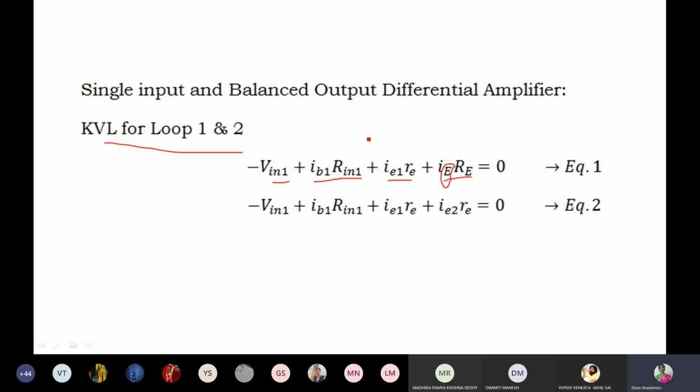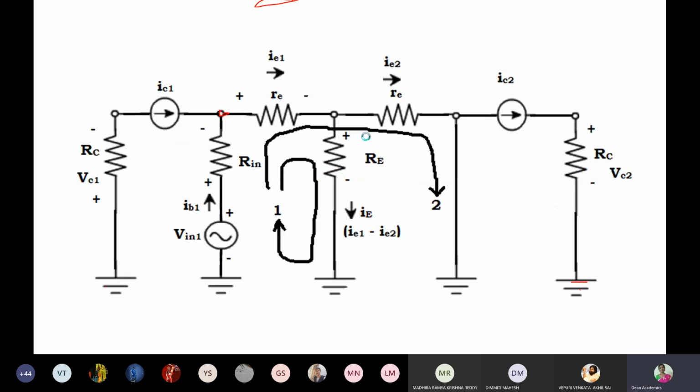Once again I am going to the previous slide. Note down this equation first. This is: minus Vin1, from here I start. So minus Vin1 plus IB1 Rin plus IE1 RE, and after that this component.